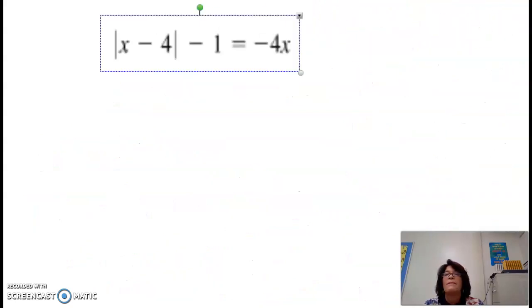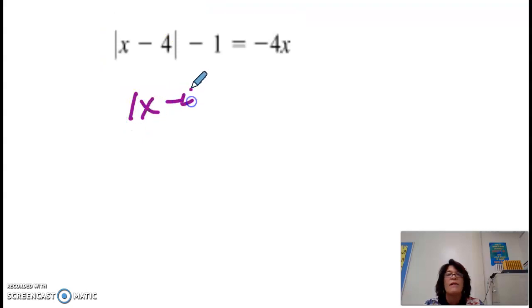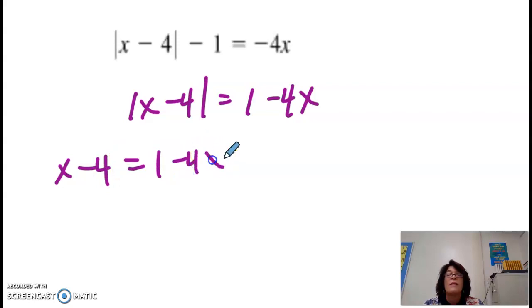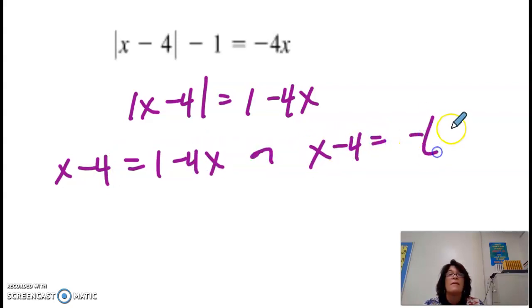In this type, I'm going to isolate the absolute value. So I'm going to add 1 over there. I could write negative 4x plus 1, but I like to lead off with a positive number if I can. So I added 1 to the other side. So I know that what's in the absolute value either equals this, or what's in the absolute value equals the opposite of this.